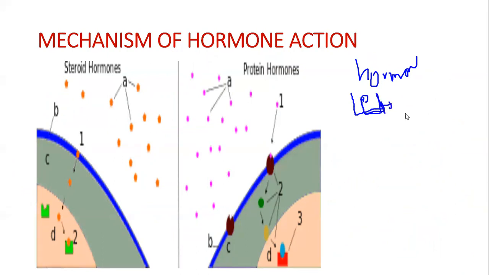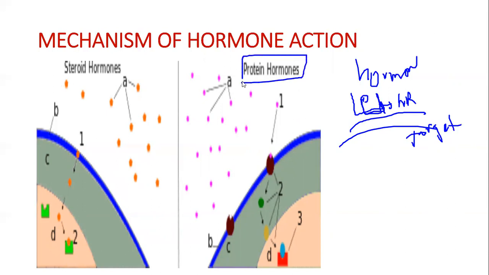They are called hormone receptors, and they are situated in the target tissue only. They can be present on the cell membrane. When they are present on the cell membrane, they are called membrane bound receptors. So these are the membrane bound receptors which I'm talking about.